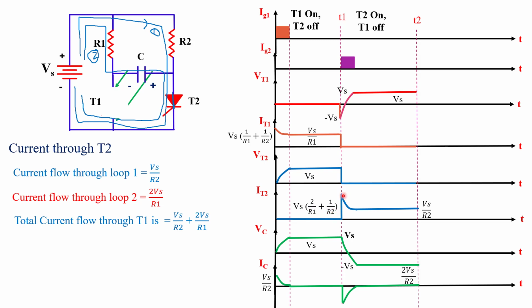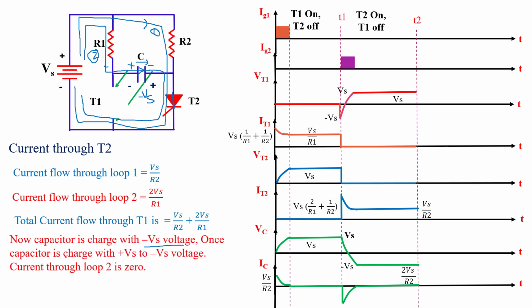This much current initially. After that, when current flows through loop 2, the capacitor starts charging with polarity: this plate is positive and this plate is negative, because current flows in this direction. When the capacitor starts charging, the current through the capacitor starts decreasing. It means the loop 2 current starts decreasing. And when the capacitor is fully charged with minus Vs voltage, the current through the capacitor is 0, or loop 2 current becomes 0.